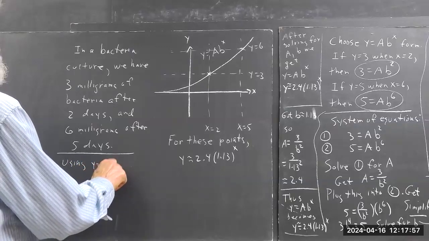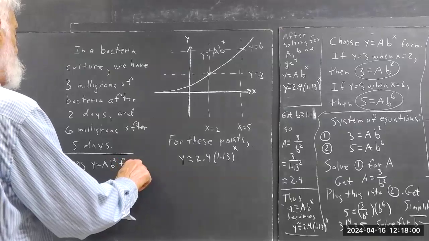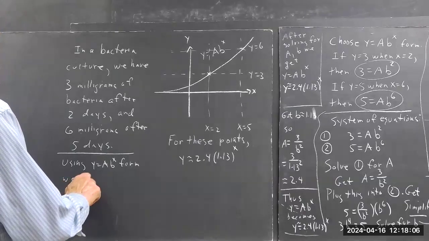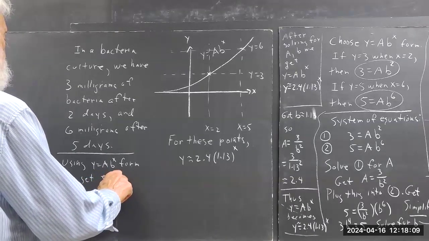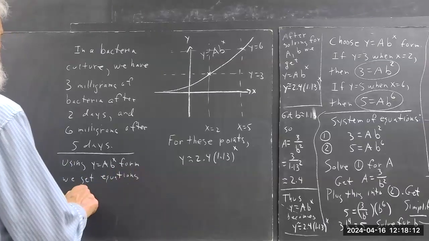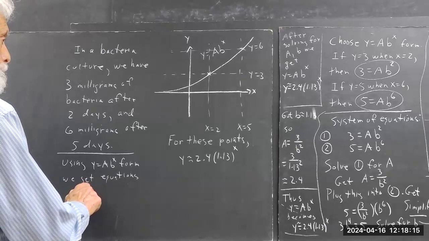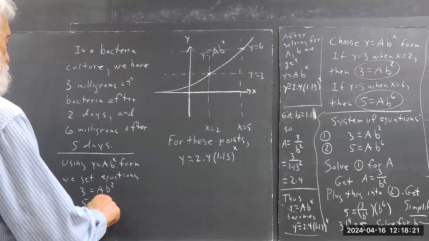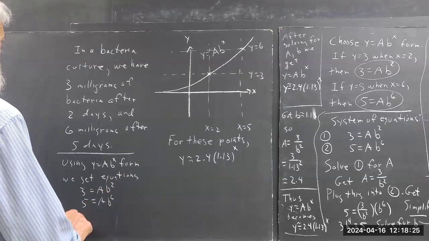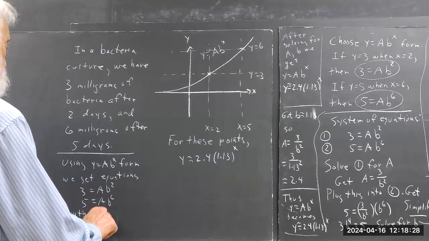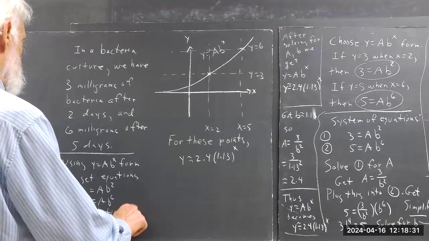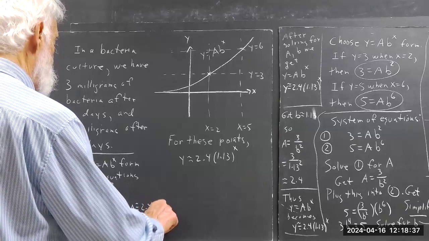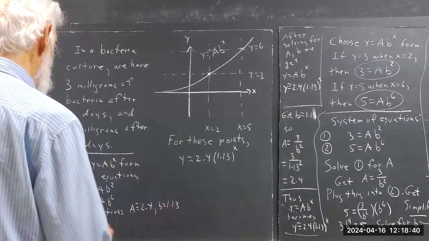Using y equals a b to the x form, we get the equations 3 equals a b squared, 6 equals a b to the 5th. The solutions are A equals something like 2.4, B equals something like 1.13.